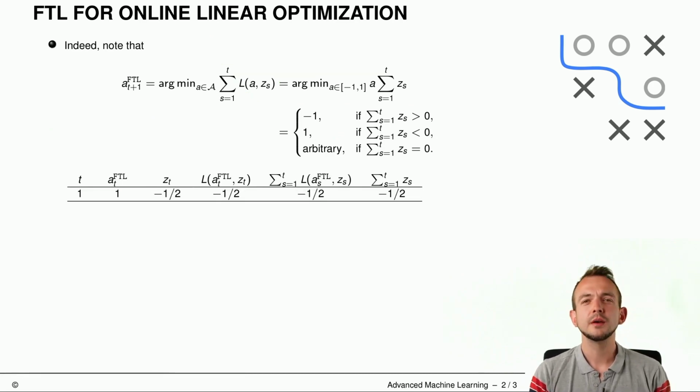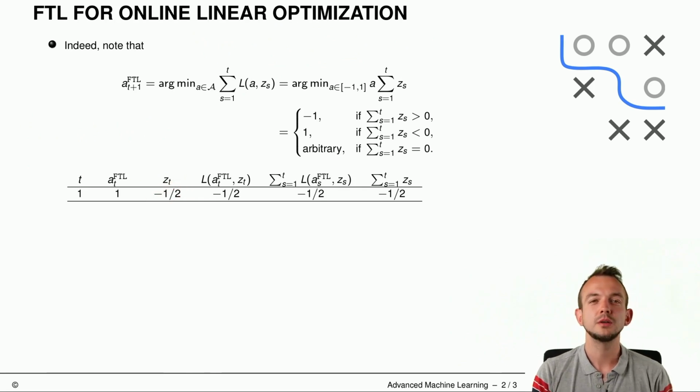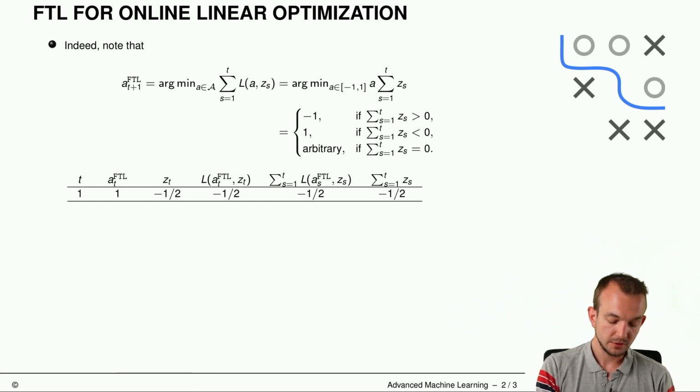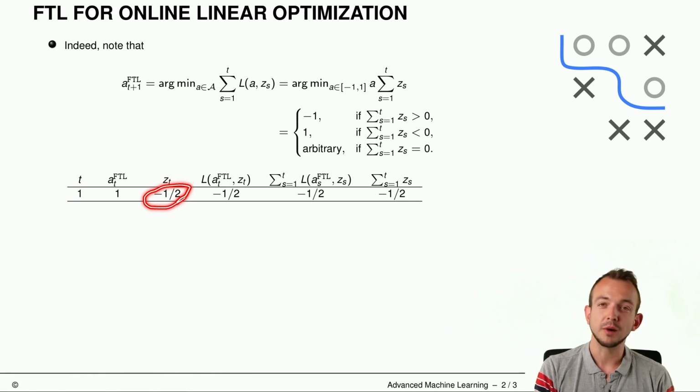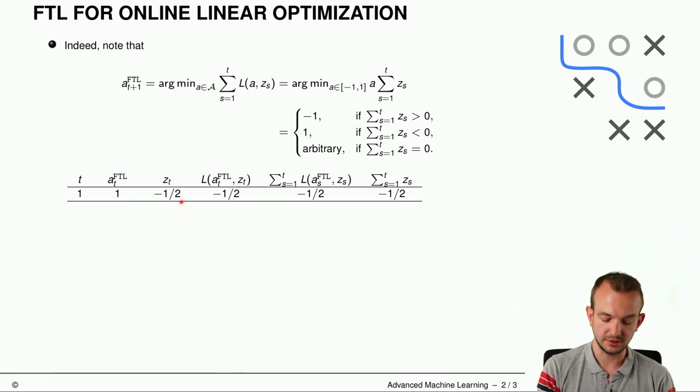So let's have a look at our concrete example, in the sense that we now look at exactly the evolution with respect to the environmental data points we generate. In the very first time step, we know the environmental data point will be -1/2 by construction. Recall the very first action of the follow the leader algorithm is arbitrary due to our basic online learning protocol, where we first choose the action and then only see the data point. So let's say we choose the best action for the first environmental data point.